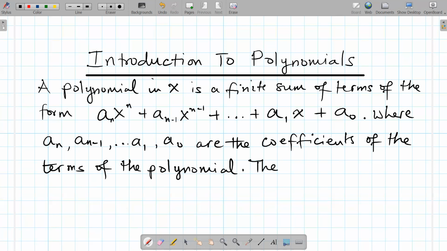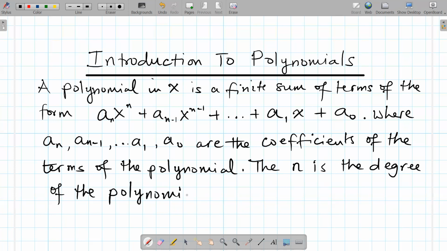The n that you see there is said to be the degree of the polynomial. The whole of a_n here is said to be what we call the leading coefficient.